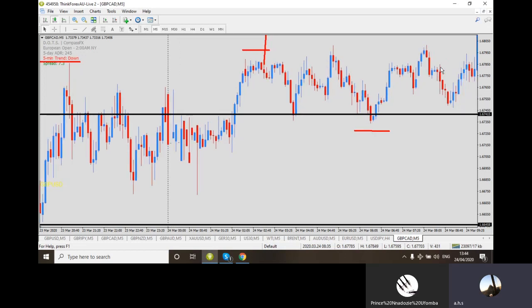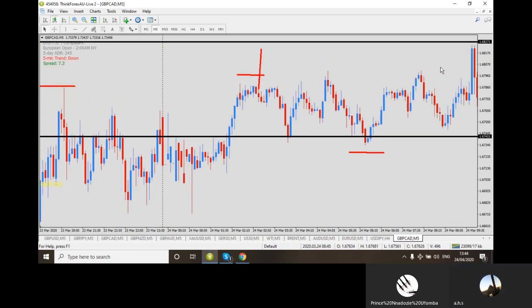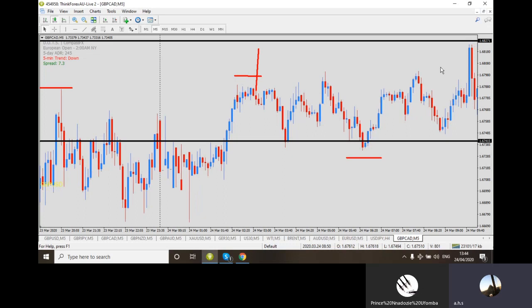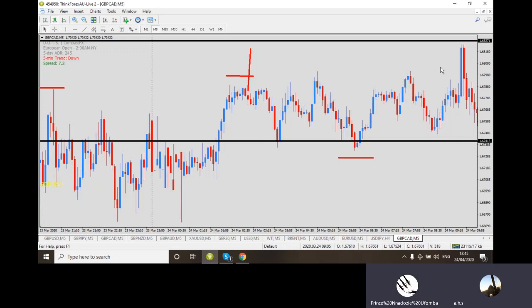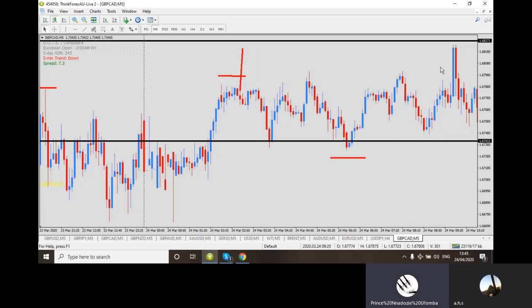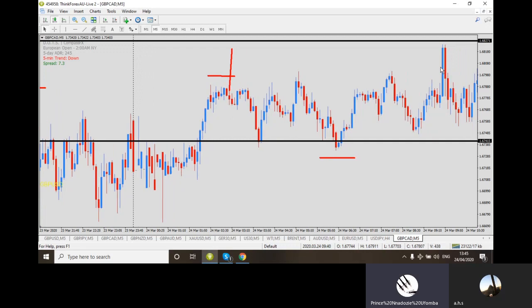I'm going for the break of the high. We almost hit that resistance. What do we call that, Prince? I mean, if we almost get a resistance hit, we pretty much don't have a stop loss in, do we? But once the market starts pushing back, maybe you would have taken your profit.